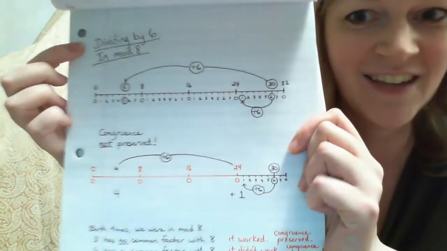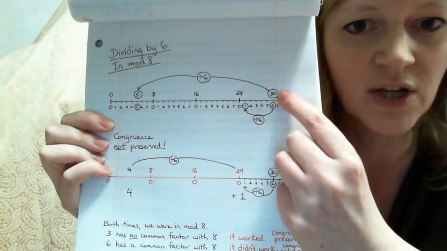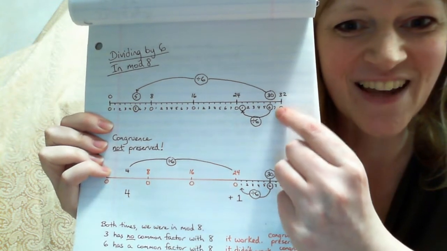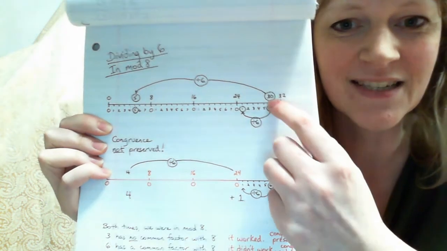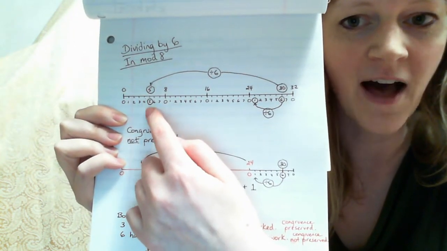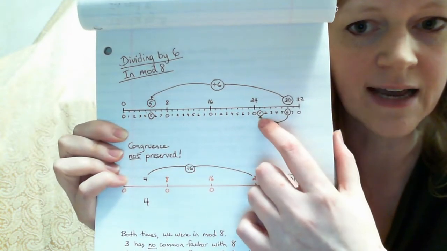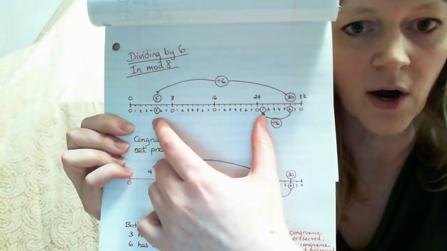Now let's look at dividing by 6, and we'll stay in mod 8. So same origination spot, 30 is congruent to 6, and we'll divide it by 6, ending up with 5 from 30, and ending up with 1 from 6. So that didn't work.